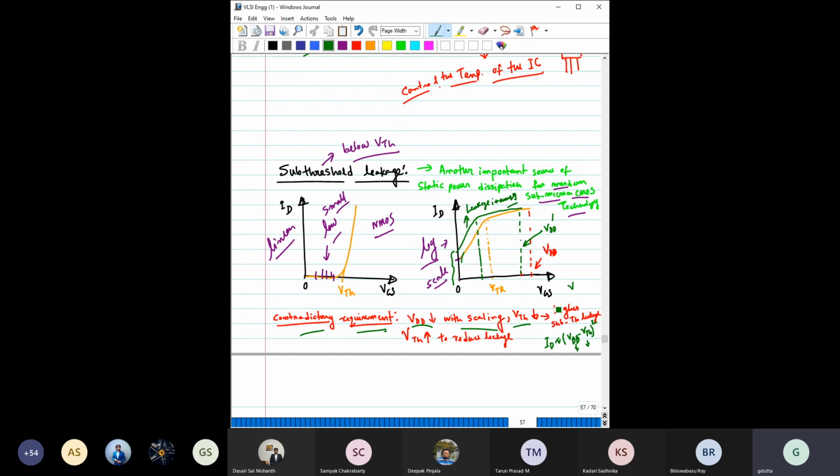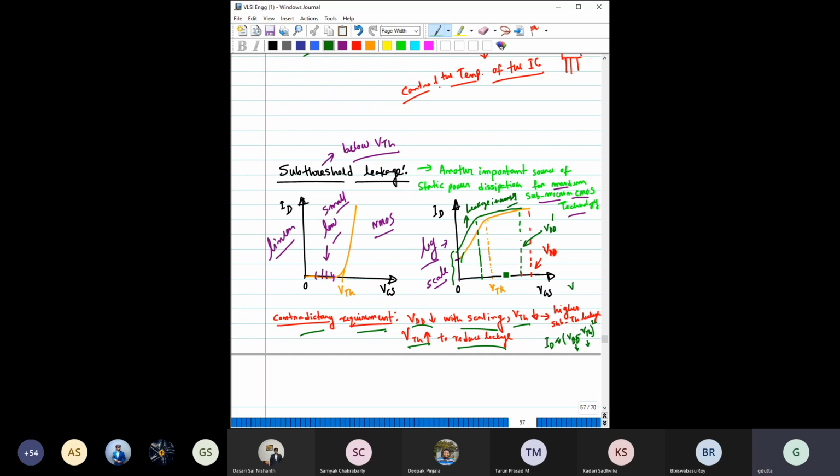But when you reduce VTH, your subthreshold leakage current substantially increases, and your power dissipation will also increase dramatically. So from the point of view of power dissipation, you need to keep this threshold voltage a bit on the higher side, right, to reduce the leakage. So you can see from this, you cannot reduce this VDD arbitrarily.